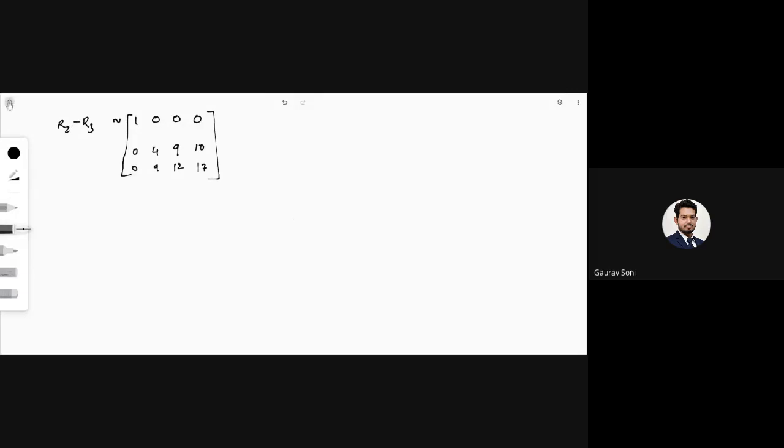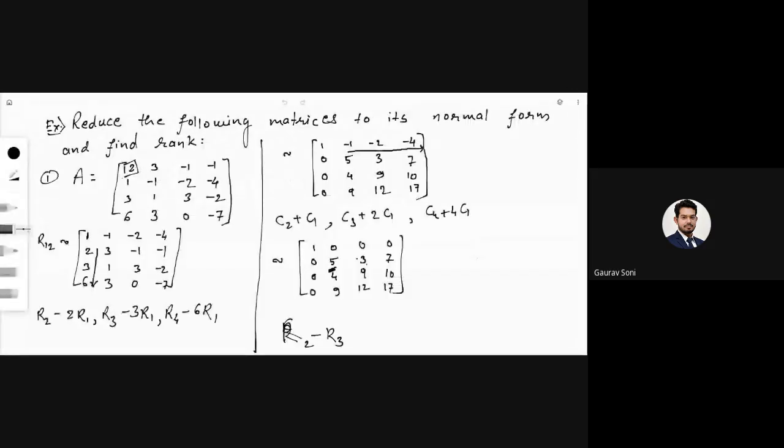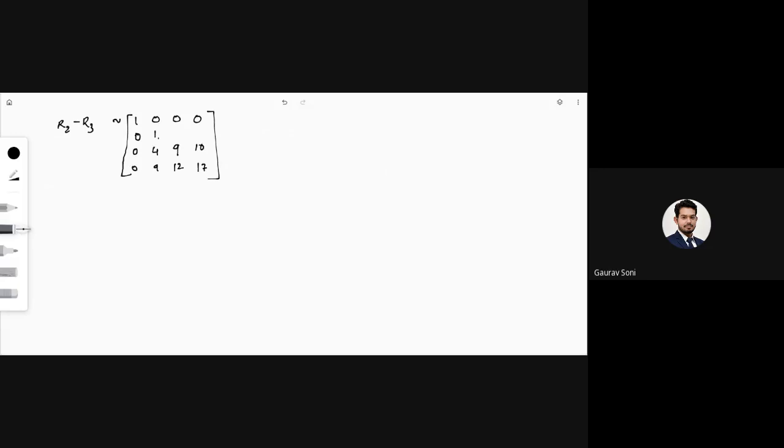The second row will turn out to be 5 minus 4, 1, 3 minus 9, minus 6, and minus 3. 1, 0, 1, minus 6, minus 3.